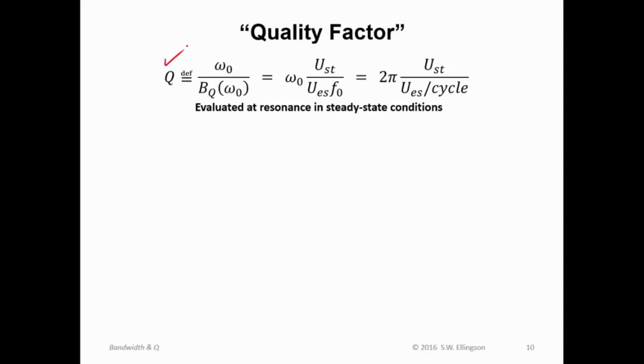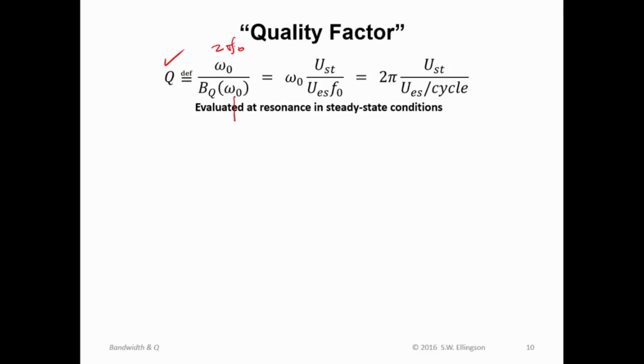Now we've already invoked a parameter Q in a previous lecture, and this will be the same Q, but let's see how that comes about, and let's forget about everything we already know about this parameter Q, and let's just start from a definition. This definition goes like this. Omega naught is 2 pi f naught. That's the usual thing. And B sub q is frequency dependent, so we have to say what frequency we're evaluating B sub q at.